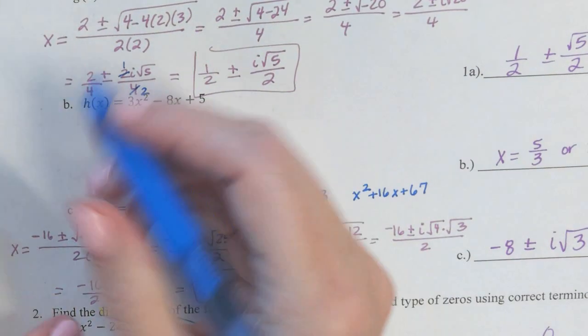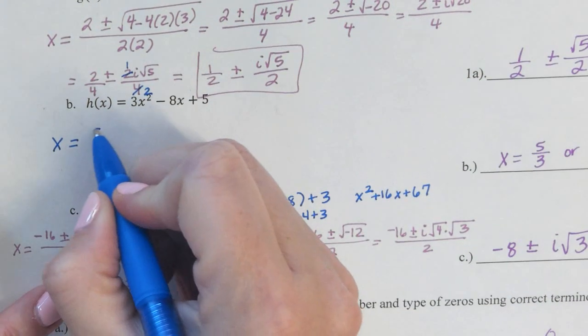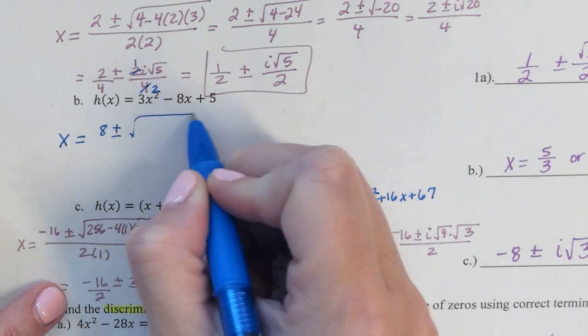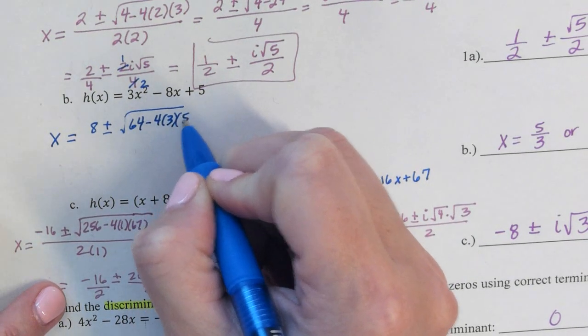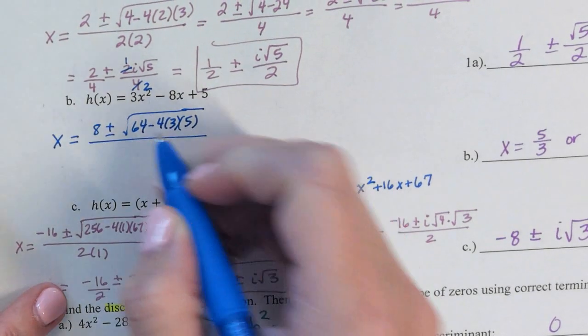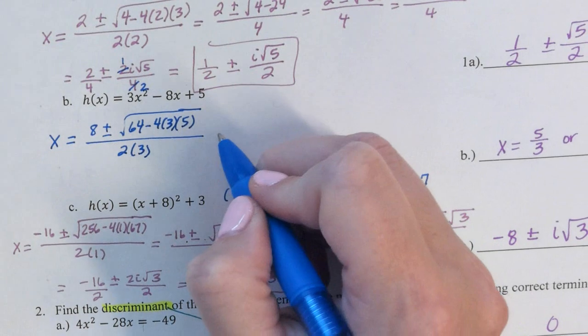Okay, so you have x equals the opposite of 8 plus or minus the square root of 64 minus 4ac over 2a. So 12 times 5 is 60.